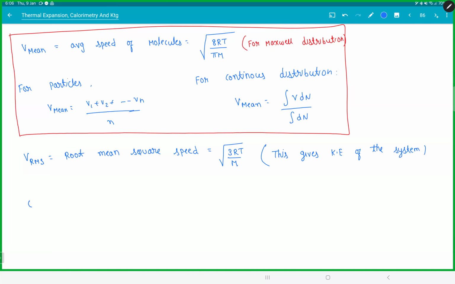Meaning, suppose you have molecules going with V1, V2, V3, and so on till Vn. So what we are suggesting is, what if I can replace all these molecules with one single speed? Suppose all the molecules go with one single speed VRMS.